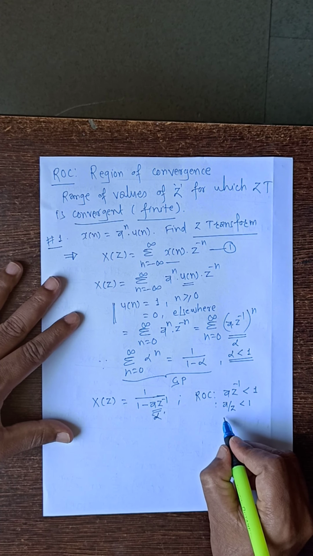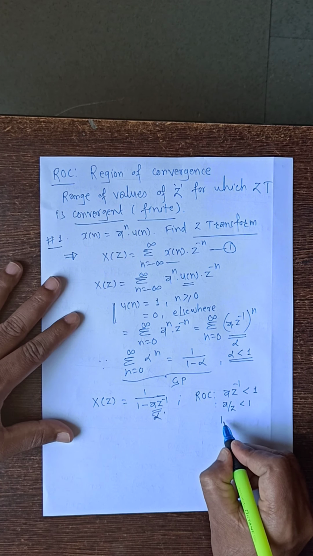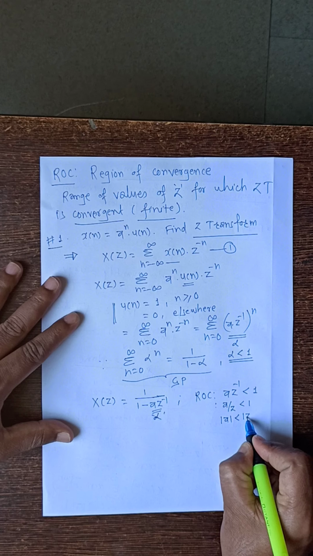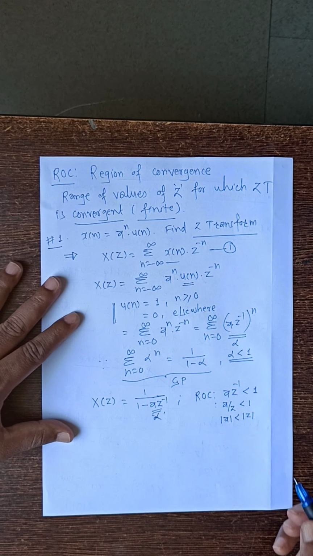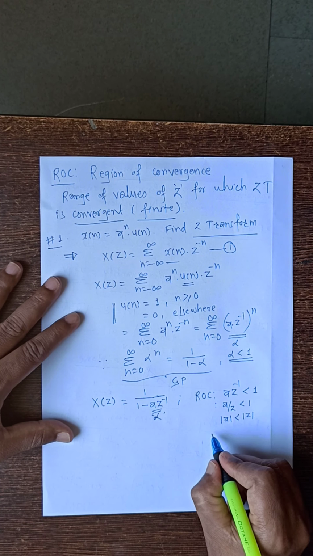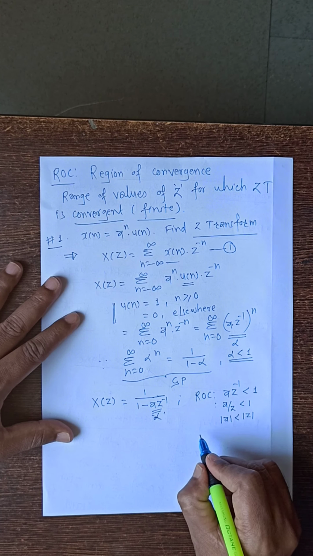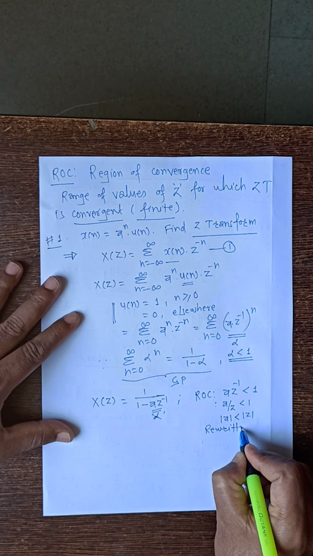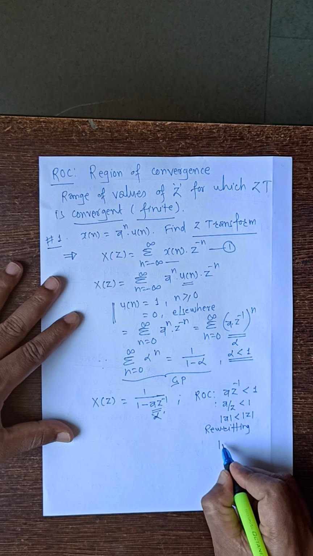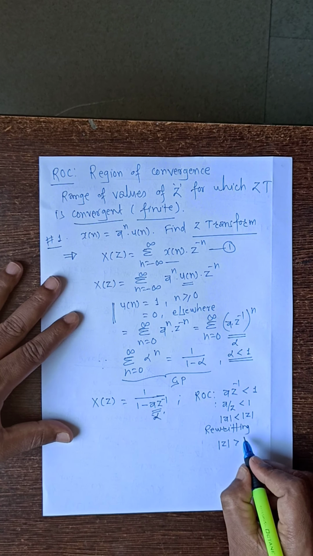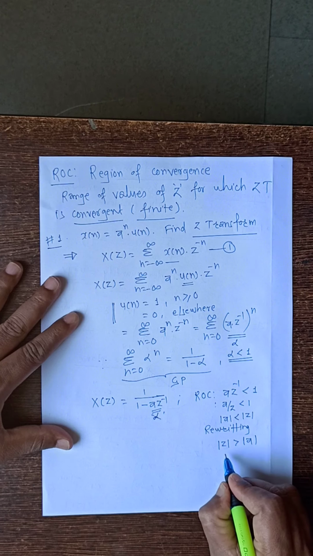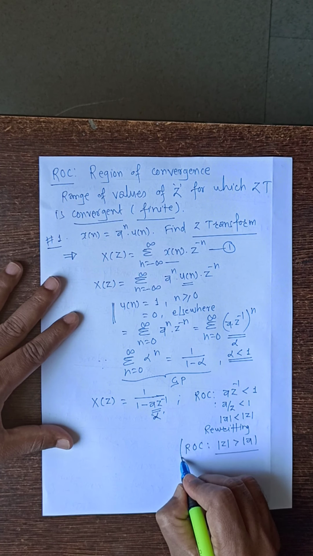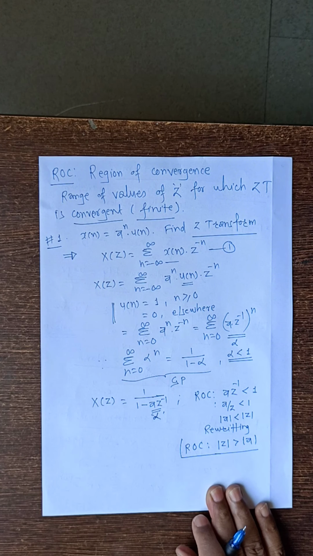Means what? Magnitude of a is less than magnitude of z. So I just move this z to this side, rewriting this as magnitude of z is greater than magnitude of a. So this is how to find the ROC, region of convergence.